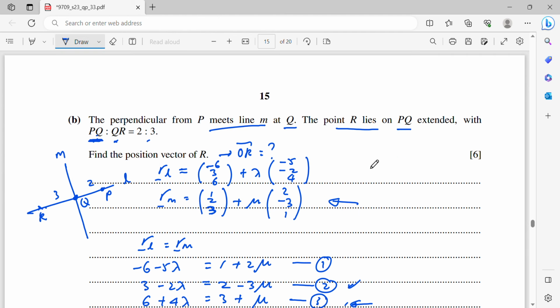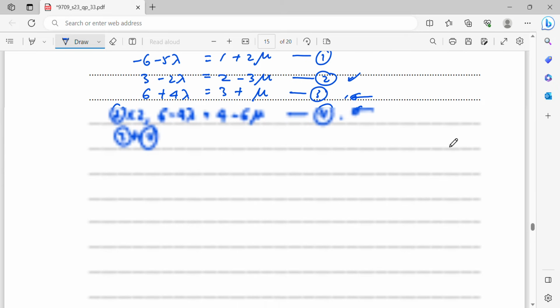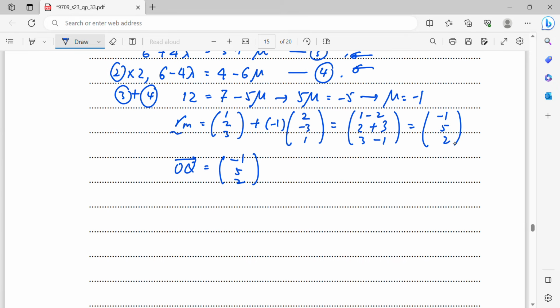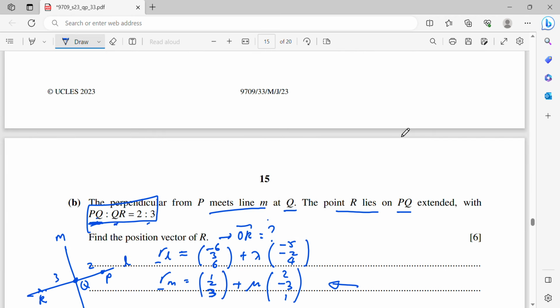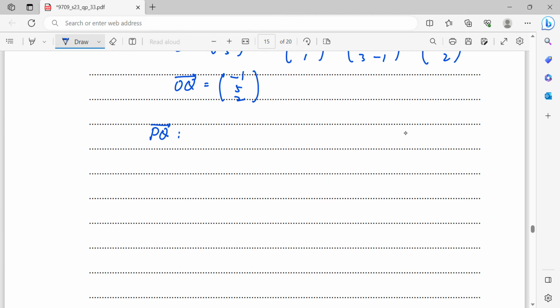But then when you look at the question, we need to find OR. Okay, so now use the ratio to solve. So PQ ratio to QR is 2 to 3. I can say that the vectors will be the same. So vector PQ to QR will be 2 to 3 as well, which means PQ over QR is 2 to 3.